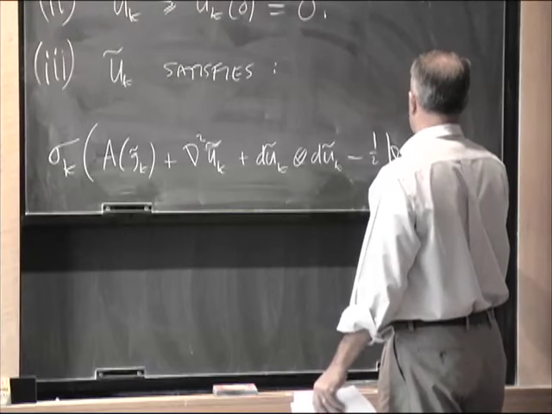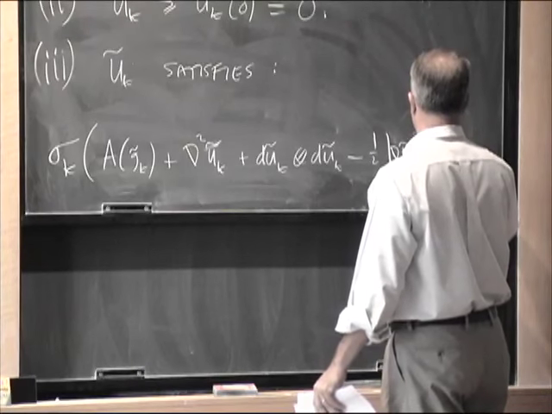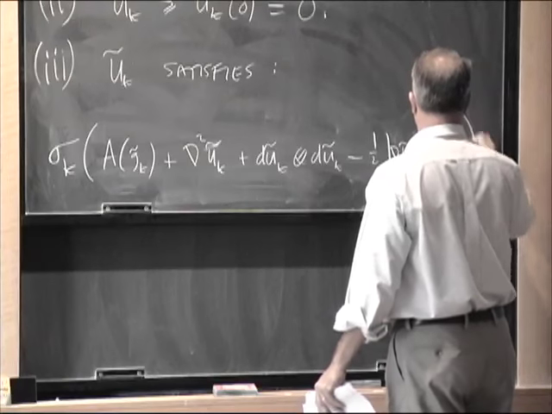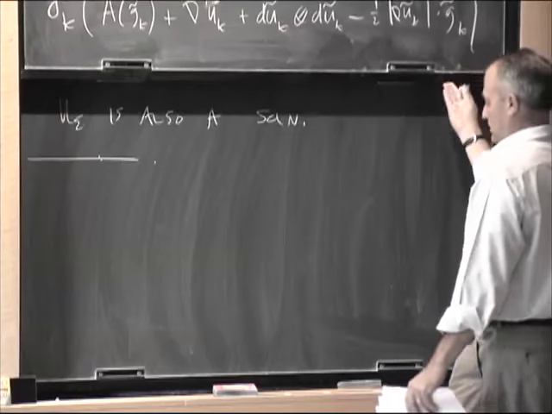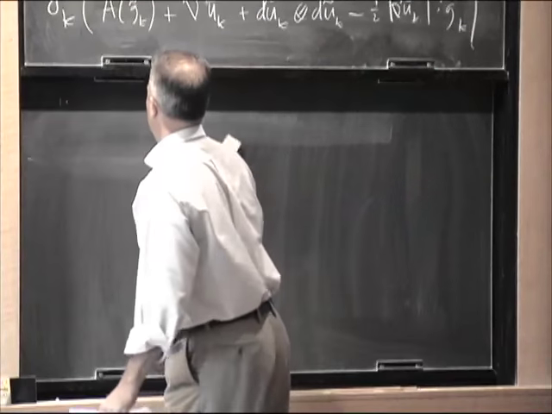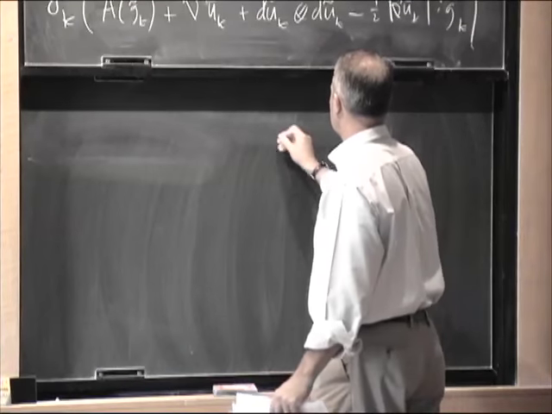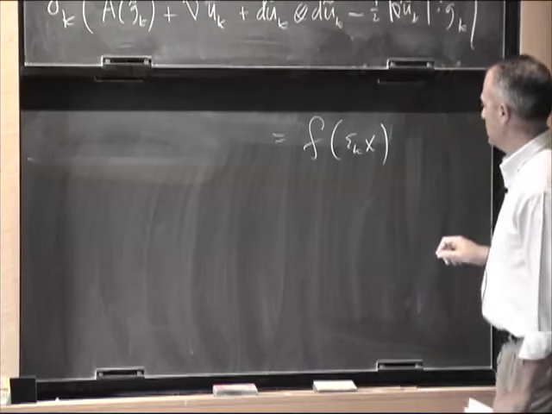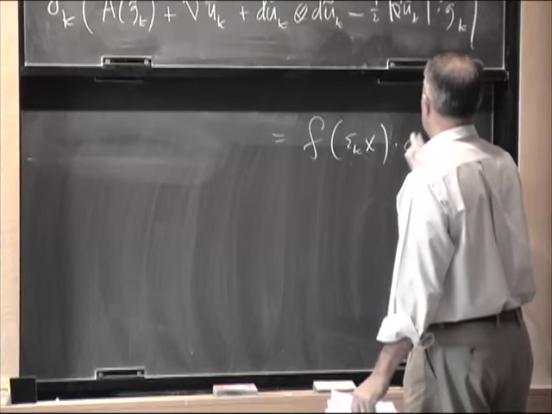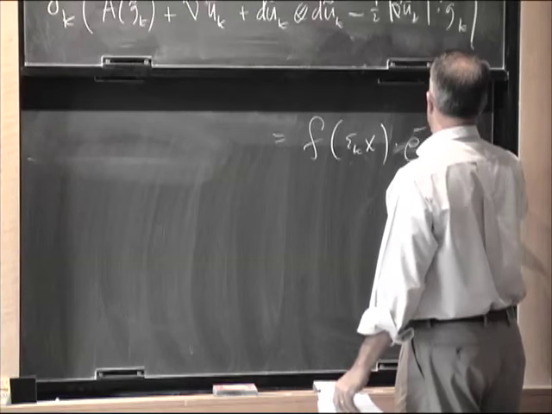And I want to write it down only really because of the last term on the right-hand side. So it is equal to f at epsilon_k x, right? So at the dilated point, times e to the minus 2 u_k tilde.